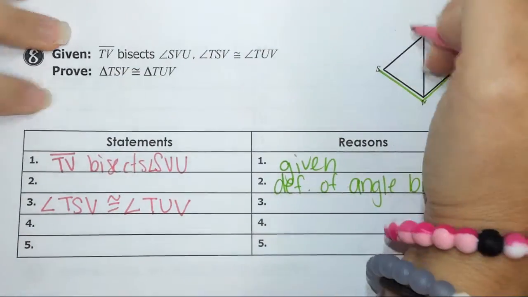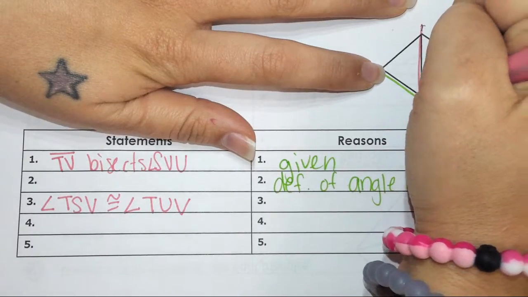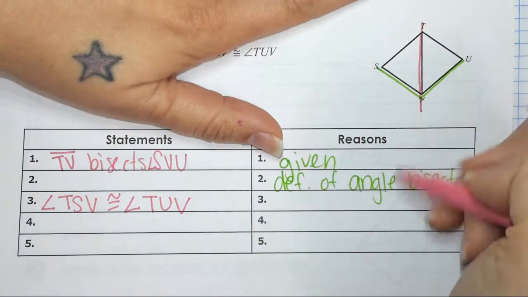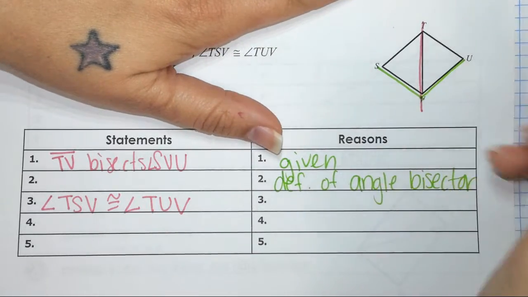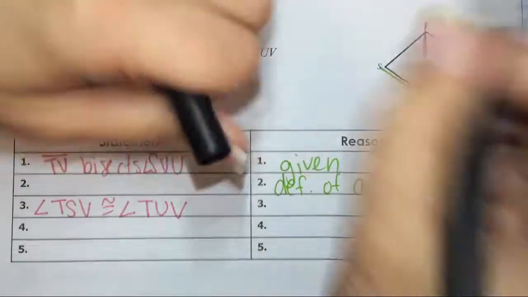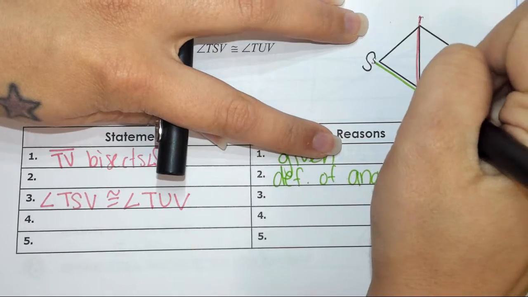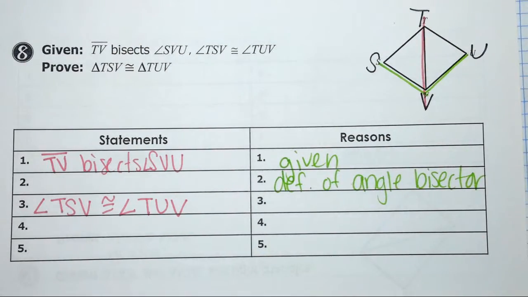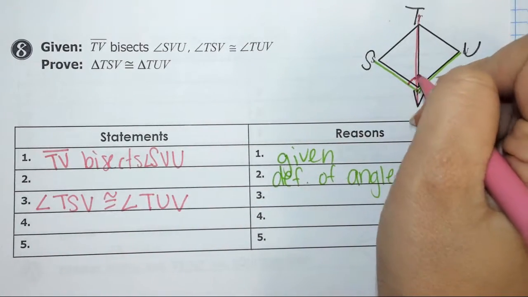And then TV comes in and cuts it in half. It kills it. So that means what? What two new angles are created? SVT and UVT. Yes.